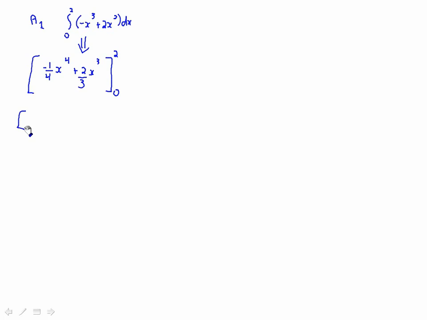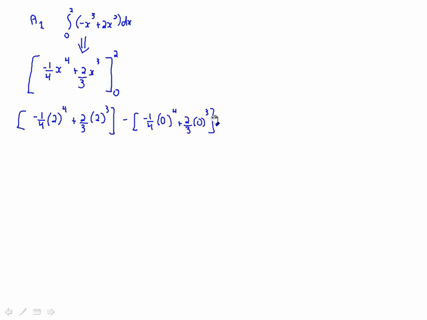And with care, we substitute the values in. So we get negative 1 over 4 times 2 to the 4, plus 2 over 3 times 2 to the 3, minus negative 1 over 4 times 0 to the 4, plus 2 over 3 times 0 to the 3.